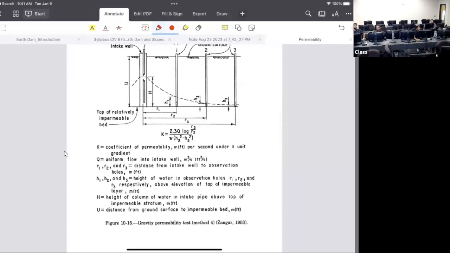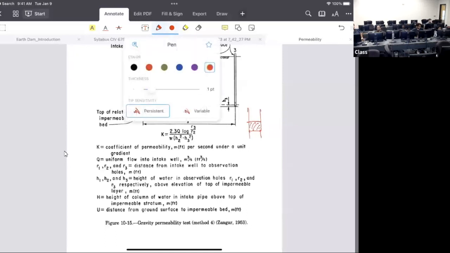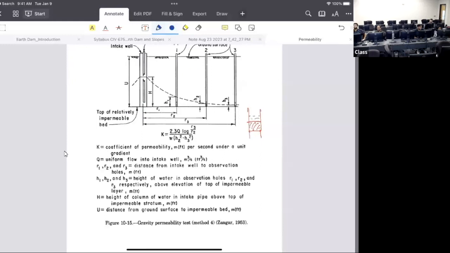So there will be a head building up, right? So let's say you have a sample. You put some sample inside, and then you add some water on it. Then what's going to happen? If it's a sand and you have water on top of it, within a very short time the water will flow through, and the test cannot be conducted.